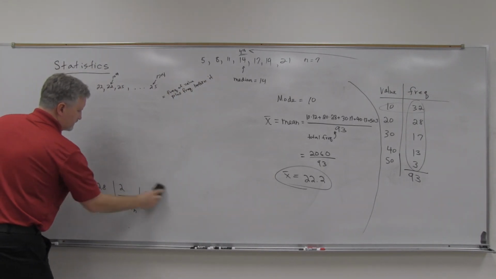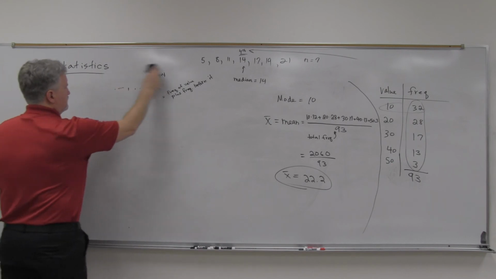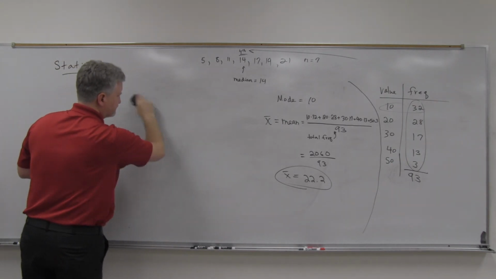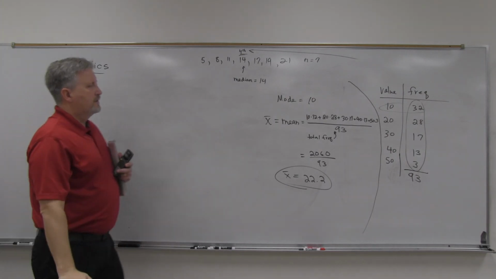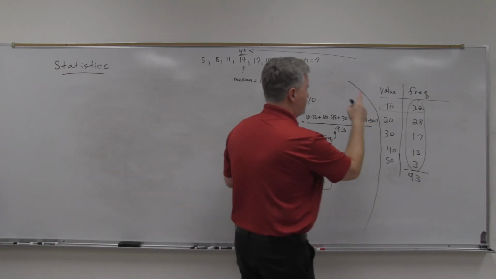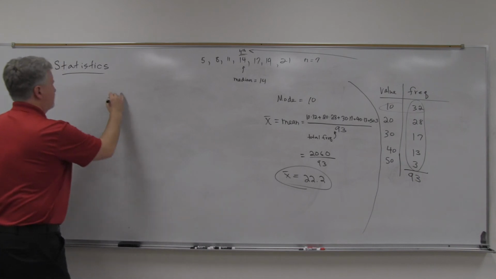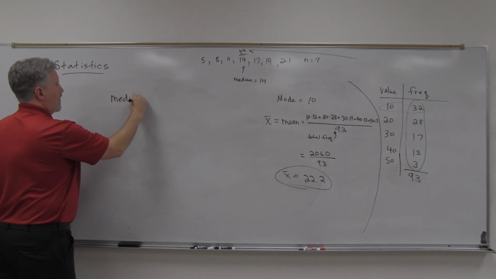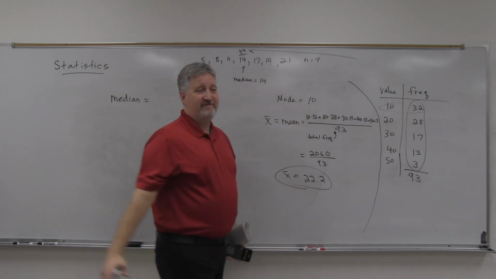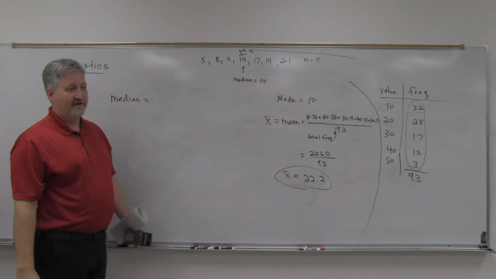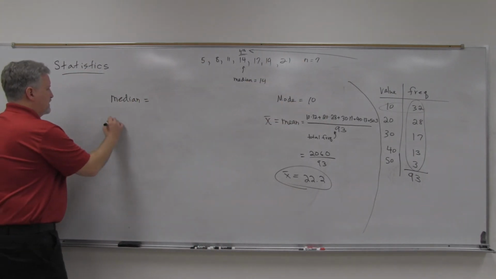All right, now. Median. Well, again, there's 93 values, so you could list them all out, but let me go with it.